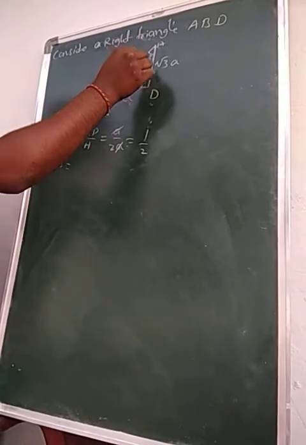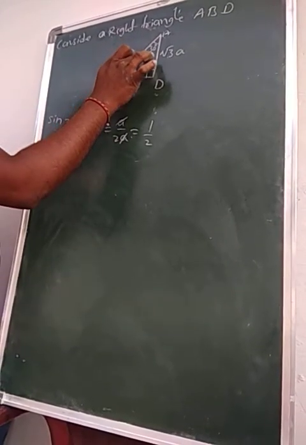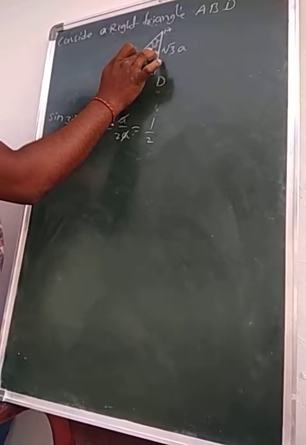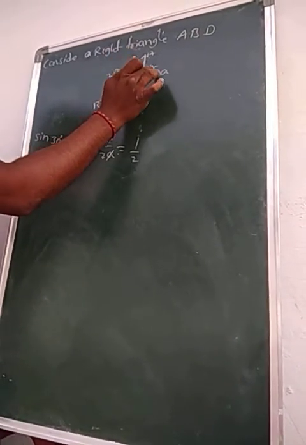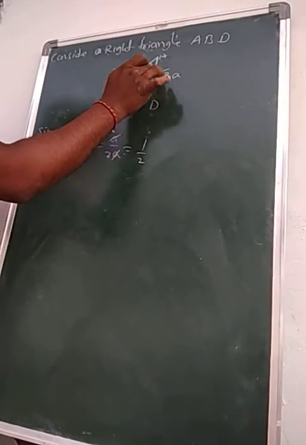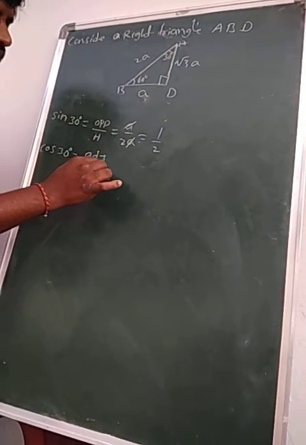Like that only, cos 30 degrees. With respect to 30 degrees, cos 30 means adjacent side of 30 degrees, that is angle A, by hypotenuse. Simply I am writing adjacent side by hypotenuse.